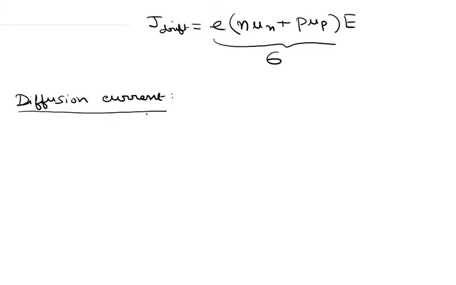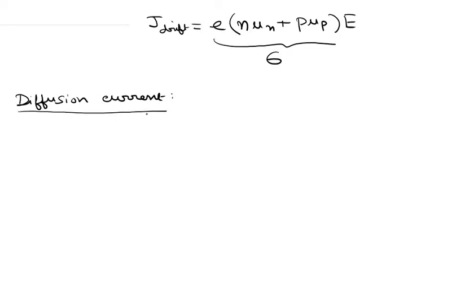The electric field exerts a force on the electrons and holes, and they flow in response to the electric field. So the electric field is the driving agent for drift current, but for diffusion current the electric field is not required. The only thing required is a difference in concentration between 2 points.